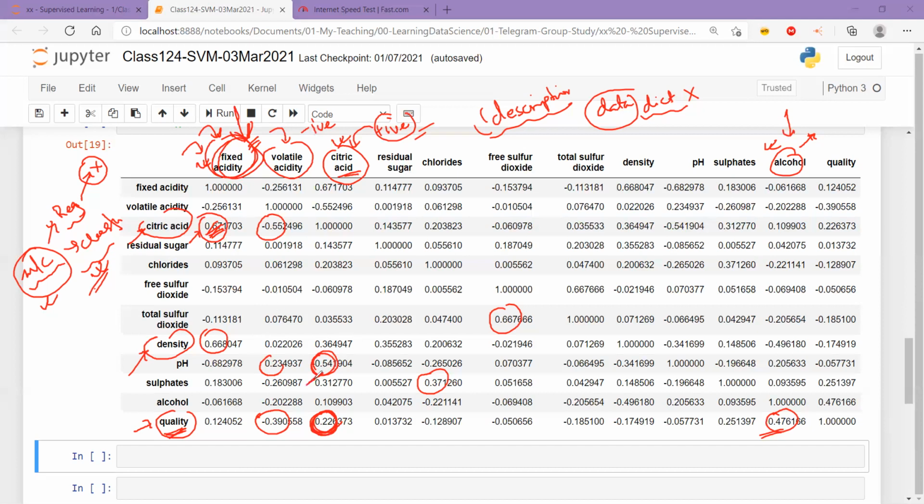Yes, pH and citric acid. So let's look at what is the effect of pH on my quality. It is very less. I can drop pH. So I'm going to drop pH, and I'm going to drop fixed acidity.